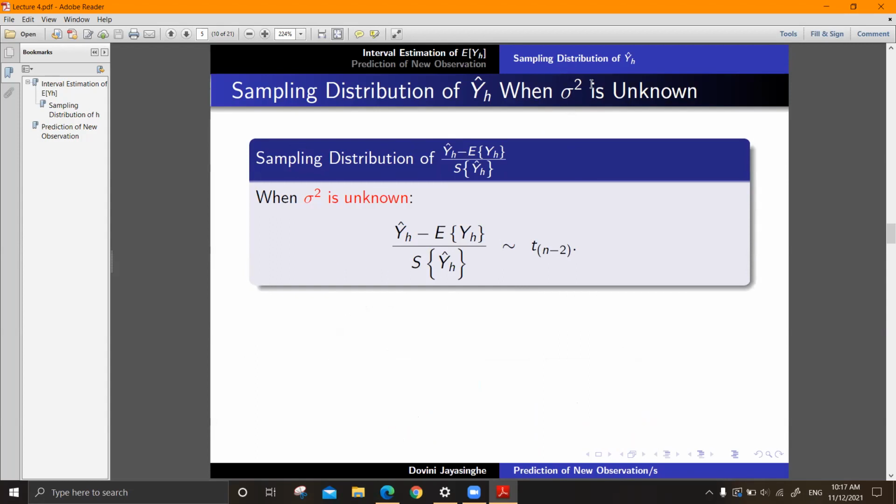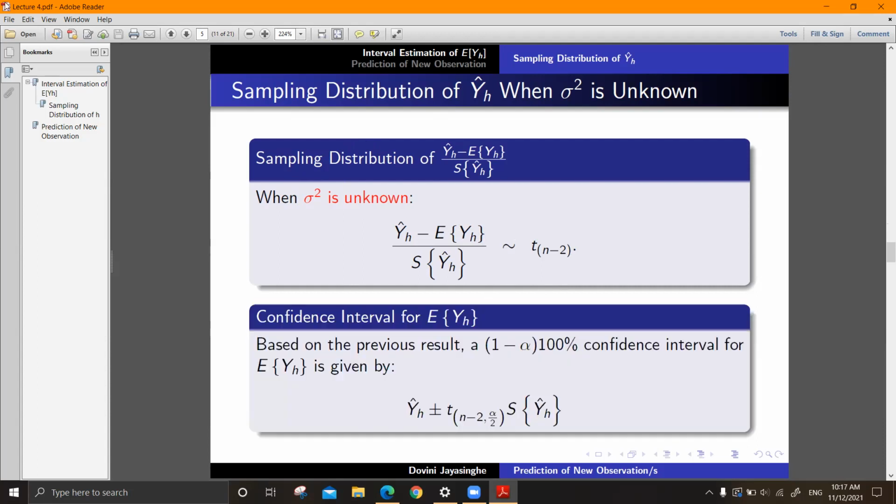If sigma squared is known, it has to be standard normal. By theory, you know that. Just because it is a parameter and unknown, it is distributed as T. Whenever sigma squared is given, this quantity should follow a standard normal distribution. Practically, we don't know this.